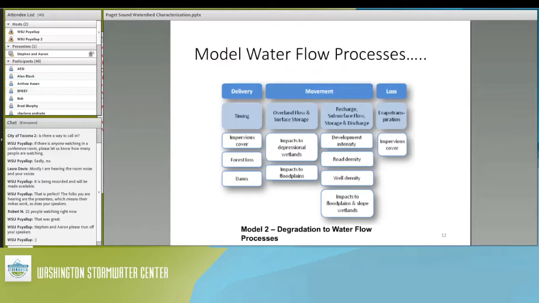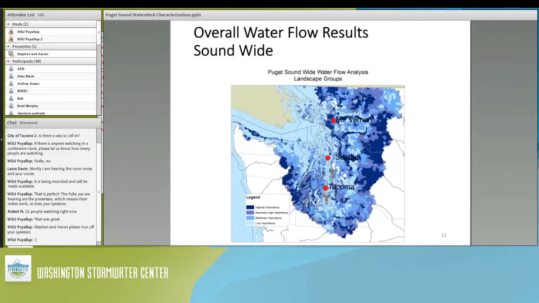So we can model those indicators. We can do that as well with road density and well density, which affects subsurface water movement and storage. And then we get an output which shows the level of degradation to the model one importance.